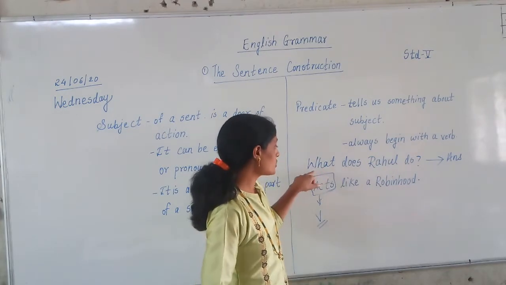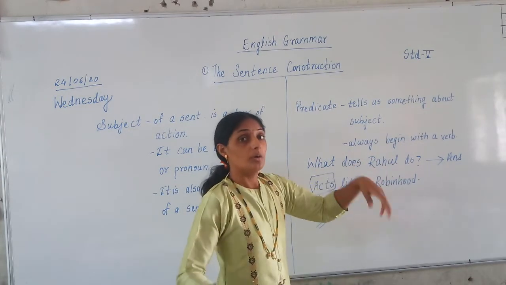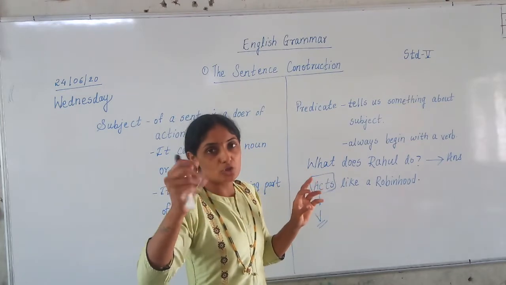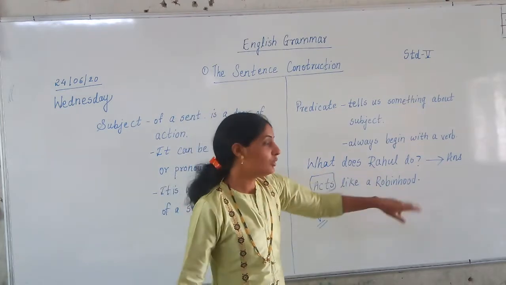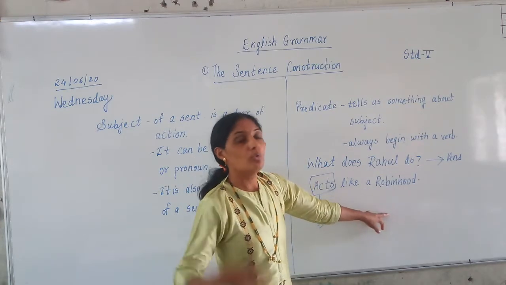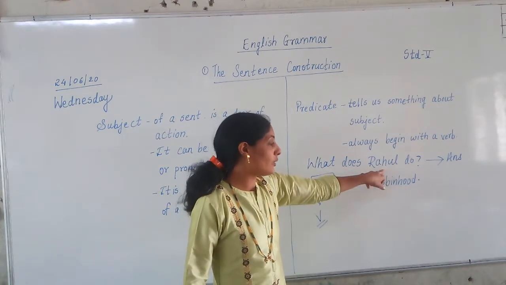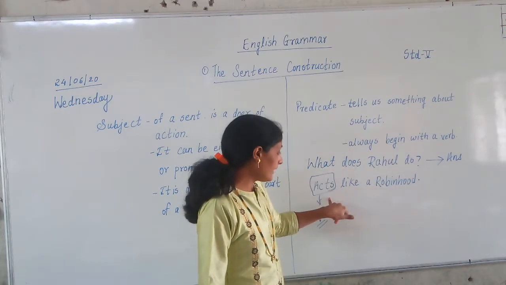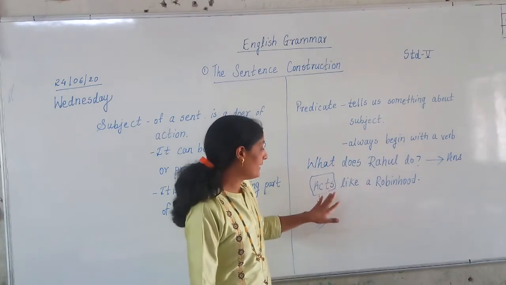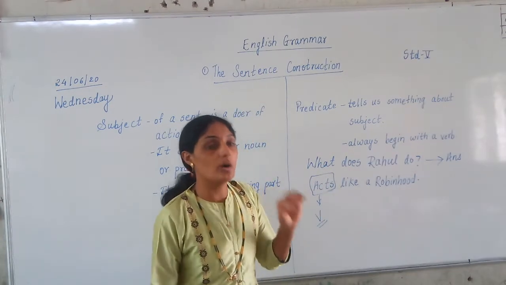The question is asked, what does Rahul do? You don't have to write the answer in a full sentence, only give the answer in short: acts like a Robin Hood. When you give the answer Rahul for who acts like Robin Hood, Rahul is the subject, and acts like a Robin Hood is the predicate. And predicate always starts with a verb.